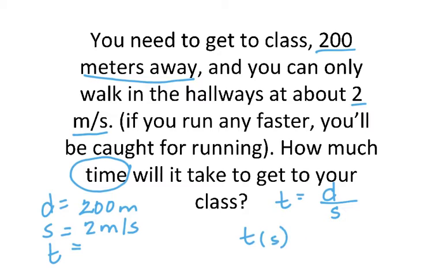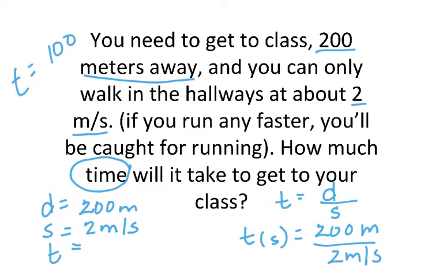Our time is in seconds, our distance is in meters, and our speed is in meters per second. So what this is saying is, if that's a rate you're moving at, it's going to take you 100 seconds to move 200 meters because you're moving at 2 meters per second.